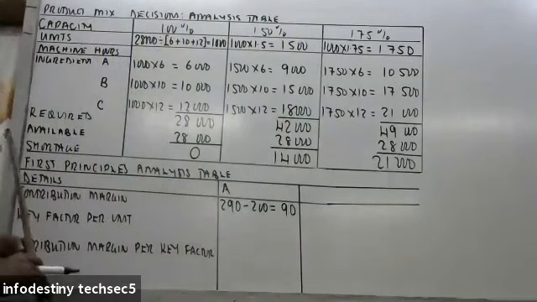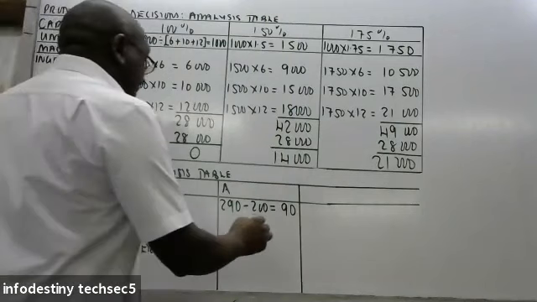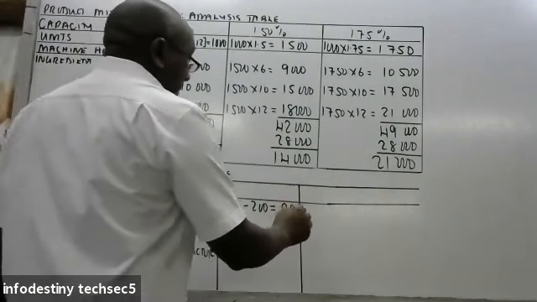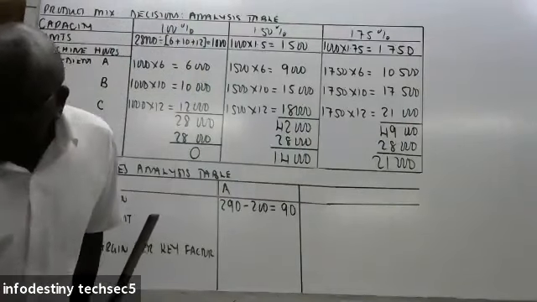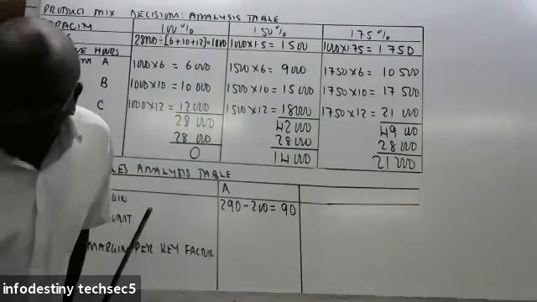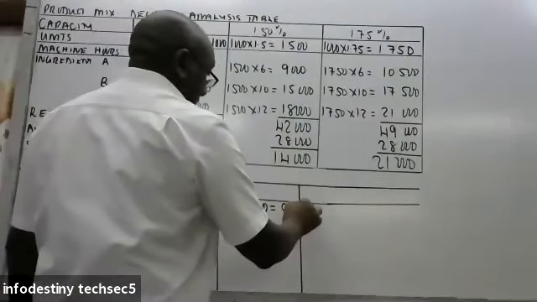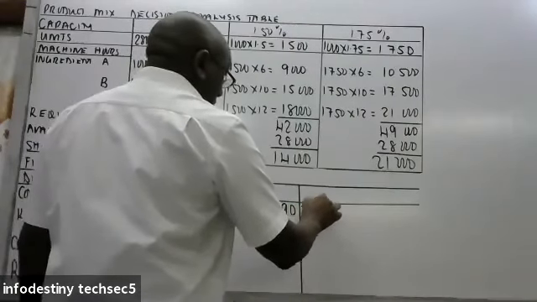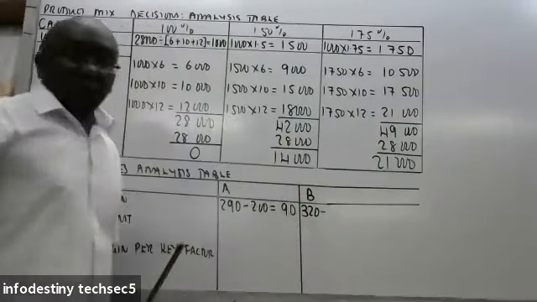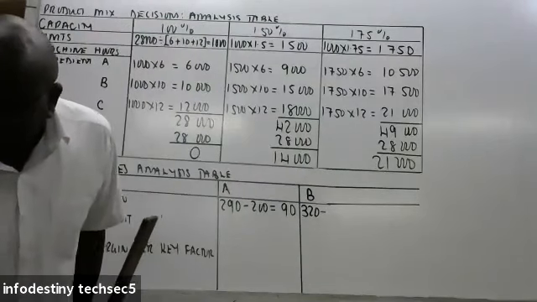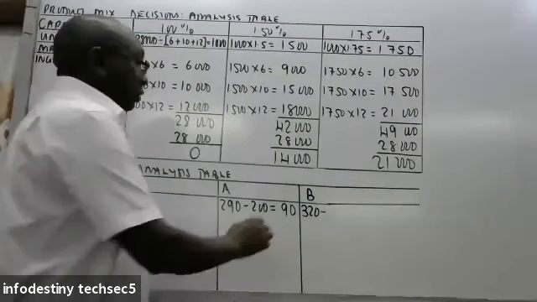For B, we have 320, and the variable cost is 220.